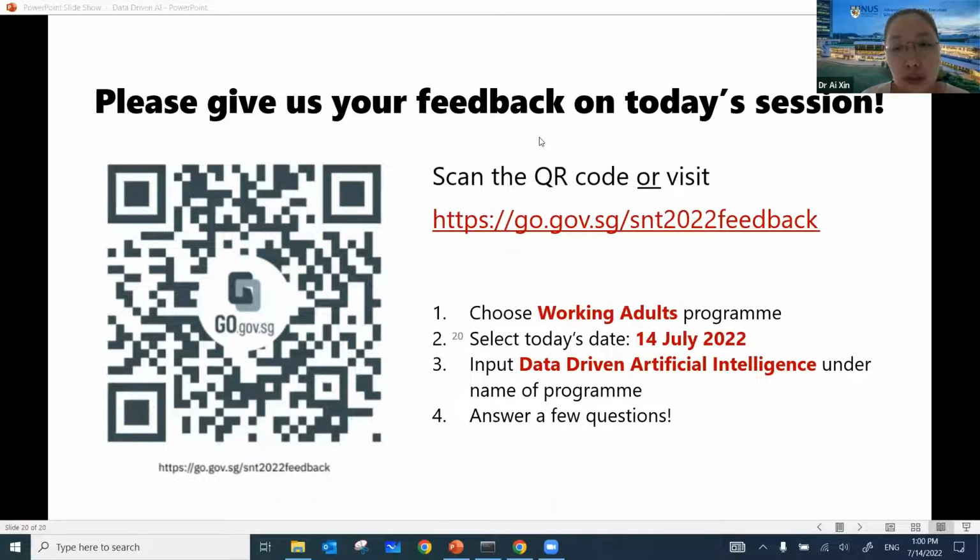So you can train the model at the back end until you're happy, then deploy it into your system. That system may have a CCTV or sensor to take images, and you feed the image directly and it can make a prediction.